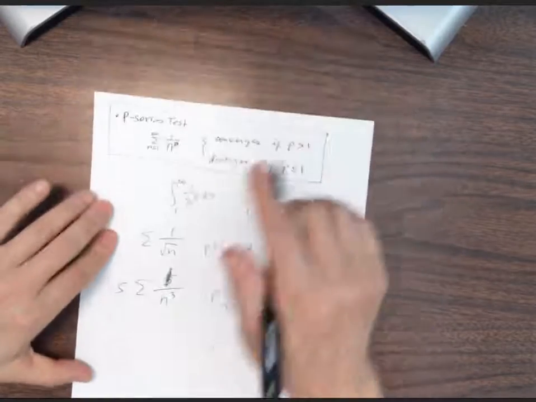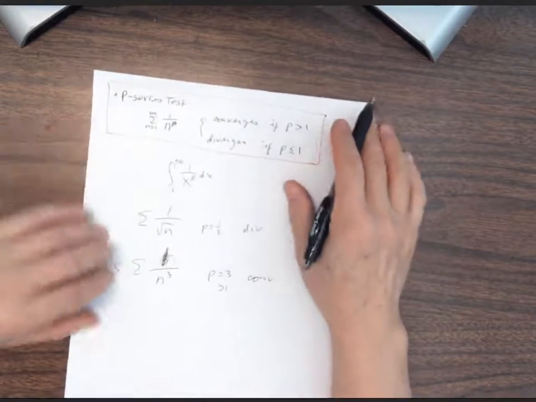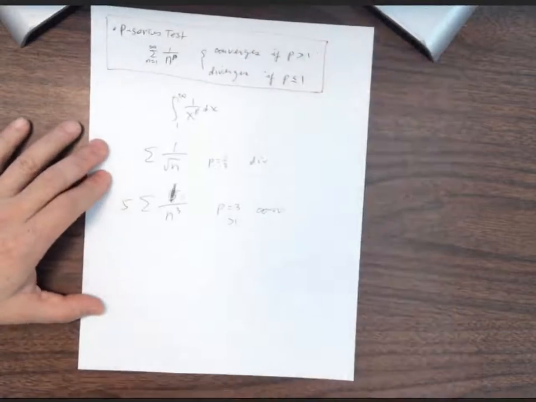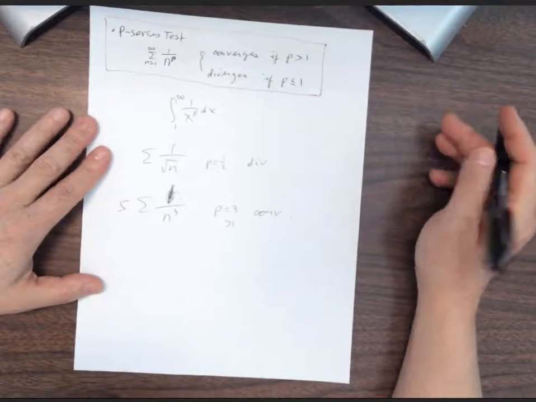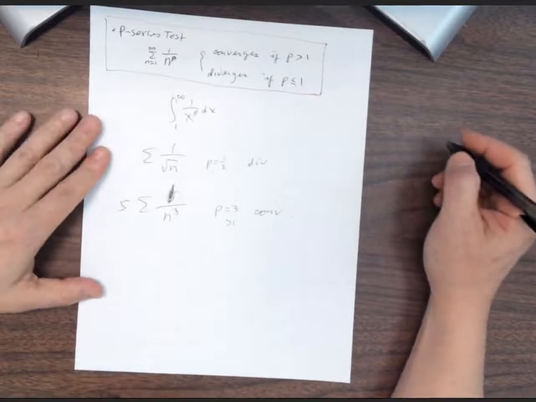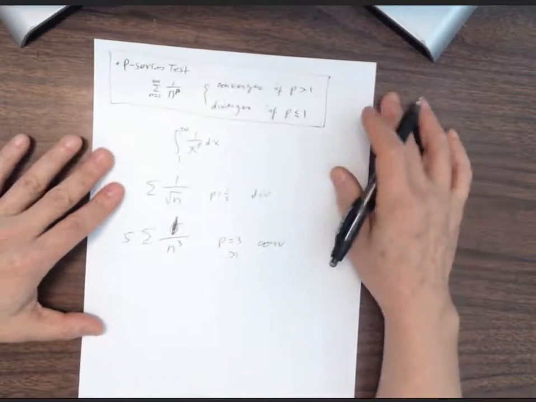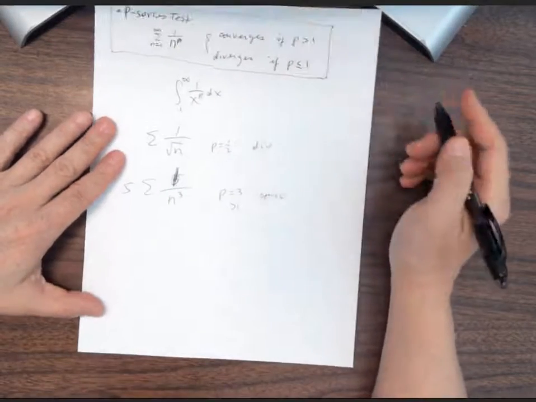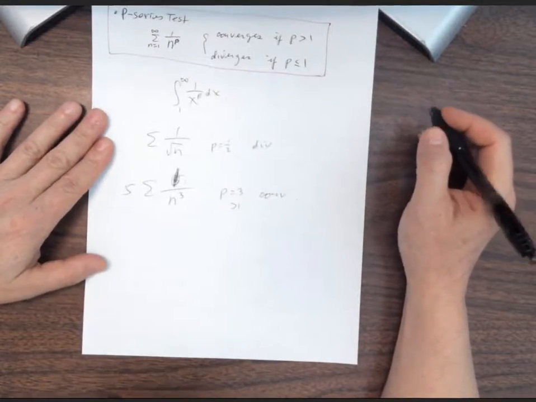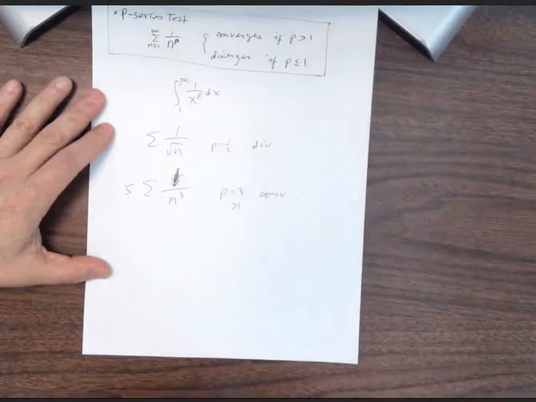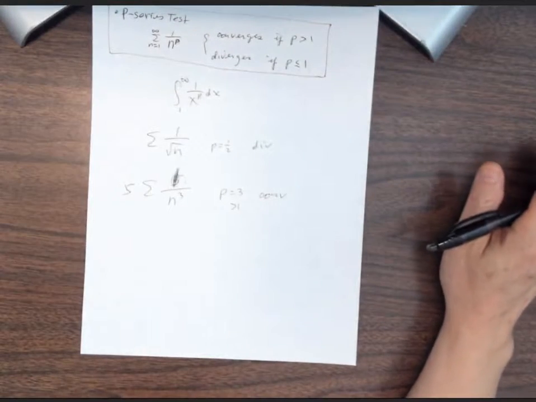That's one use of this test. As a matter of fact, there are many other important uses. One of them is that we can use this test to estimate convergence or divergence of many other series, which is important in some of the work we'll do later on.